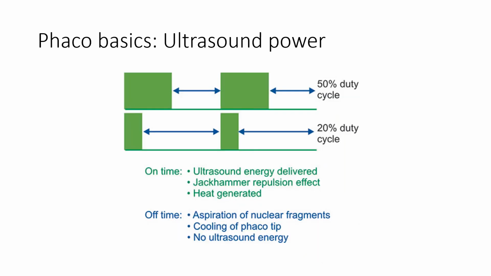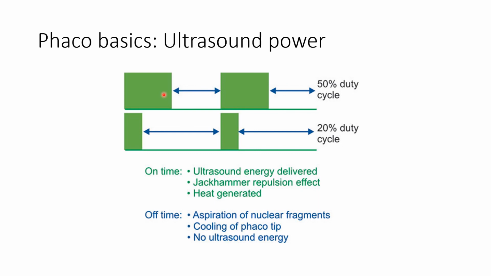Now, ultrasound power can be modulated in a way that, looking at this graph, you have an on cycle, which is here, and an off cycle, and this can be 50% of the time on and 50% of the time off.